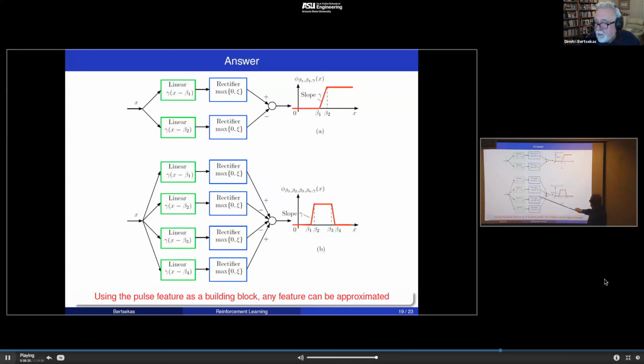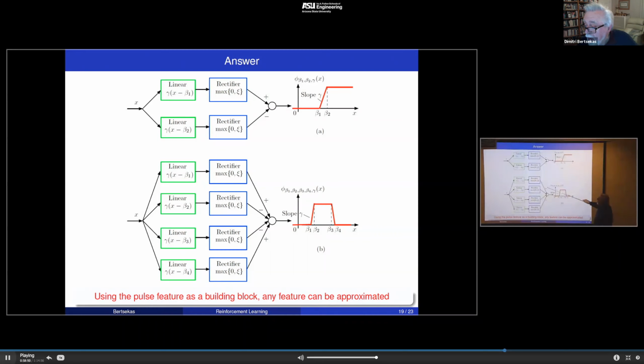Okay, let's go through this again. X goes through a linear layer that consists of 4 units here, with parameters beta 1, beta 2, beta 3, beta 4, and a common slope. I mean, you can play with the slope, but I have a common slope here for simplicity. The outputs of this linear layer are fed through rectifiers. And what we get from the first two is this, plus minus.